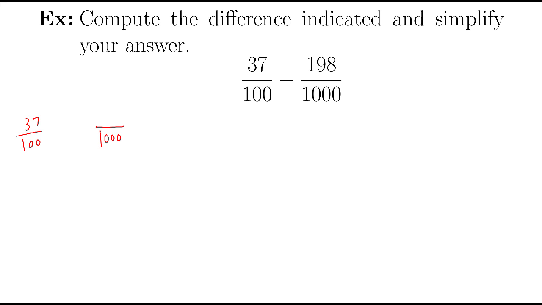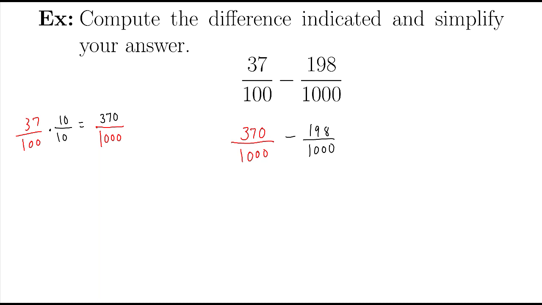So I'm multiplying it by 10 over 10. 100 times 10 is 1,000. 37 times 10 is 370. I'm getting lazy with my colors here. We have 370 over 1,000. I didn't change this one at all because I didn't have to.